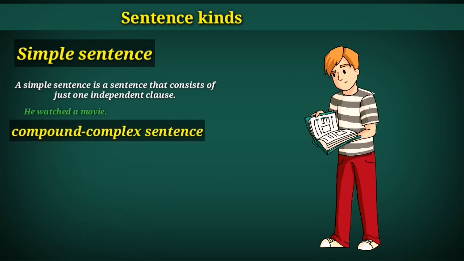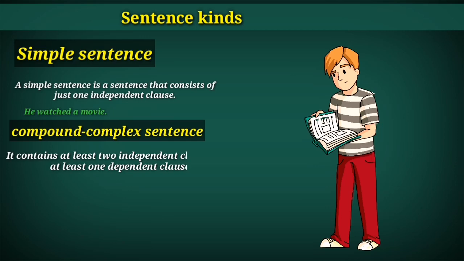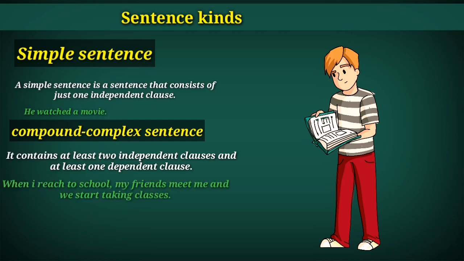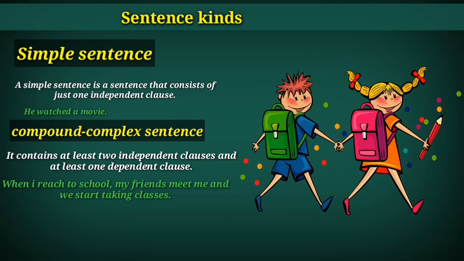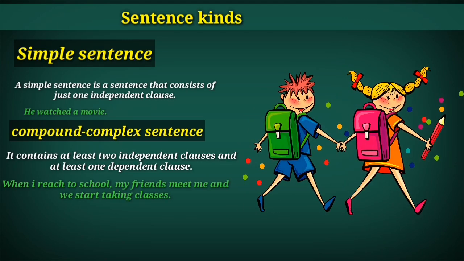Compound complex sentence. It contains at least two independent clauses and at least one dependent clause. For example, when I reach school, my friends meet me and we start taking classes.